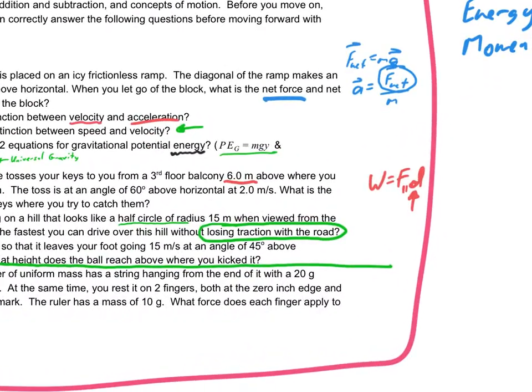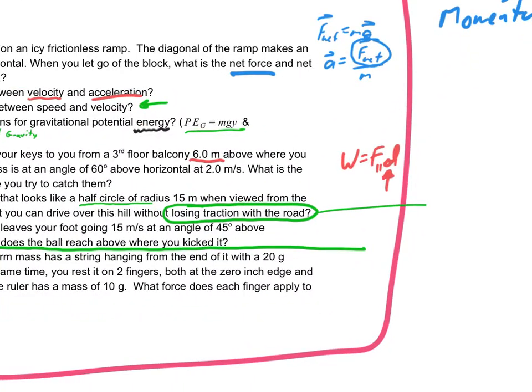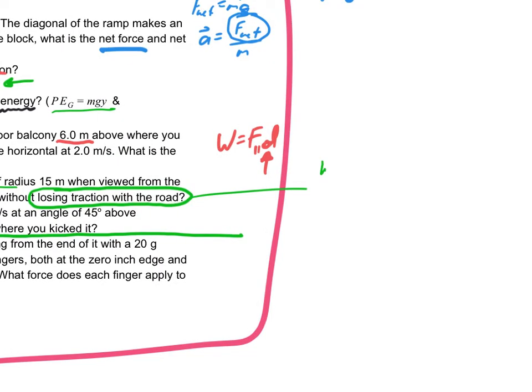Another way of rewording what this question is asking is how fast is the car going when the contact force is 0 newtons. The force of the road on the car.